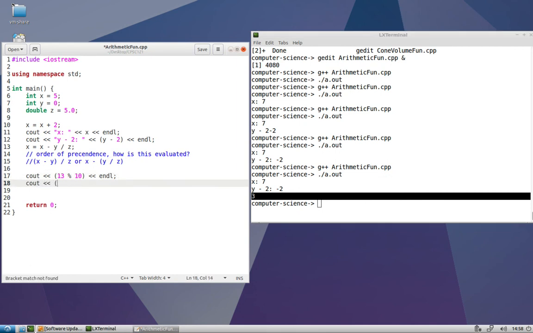Let's say we're going to compute the volume of a cone for a radius of 5 and a height of 10. So we would have 1/3 times 3.14 times 5.0 times 5.0 times 10.0.